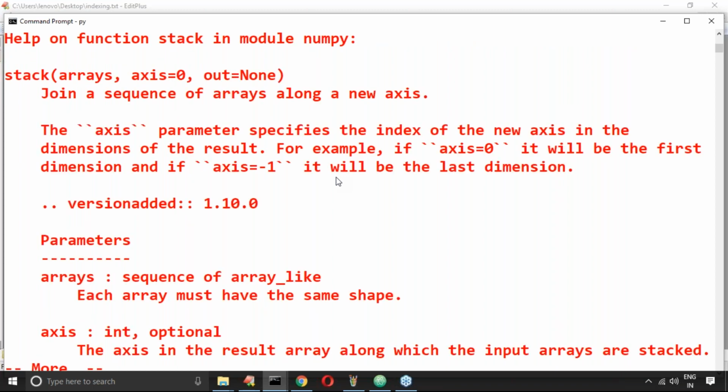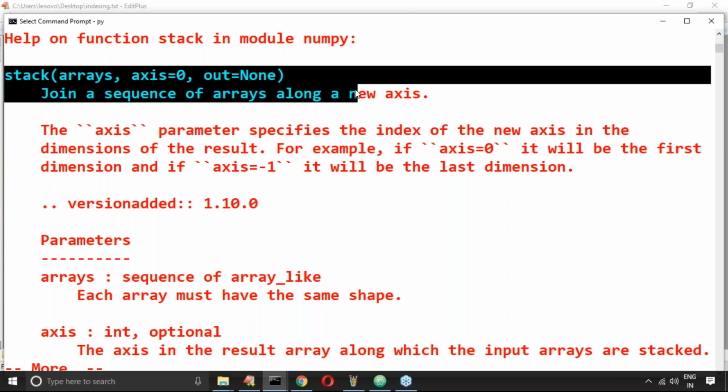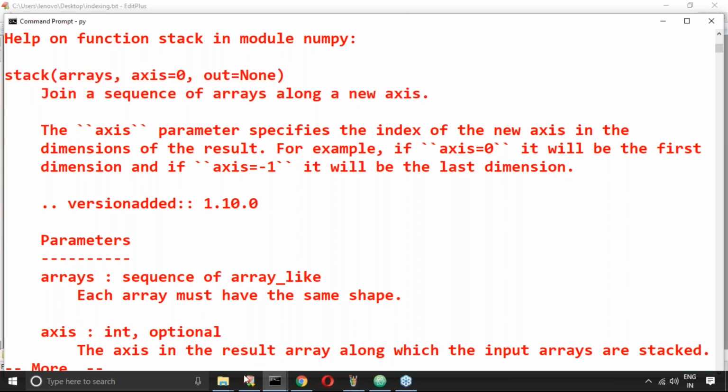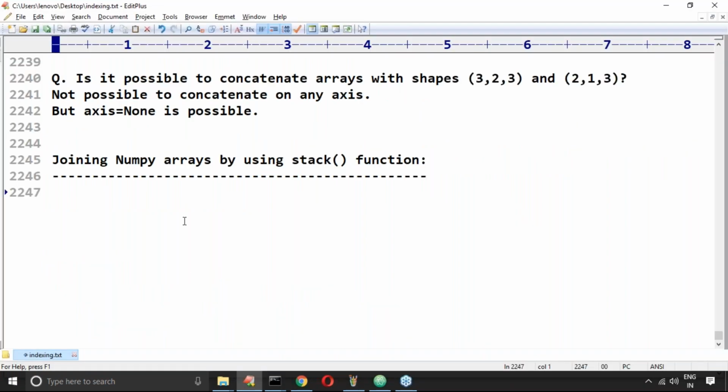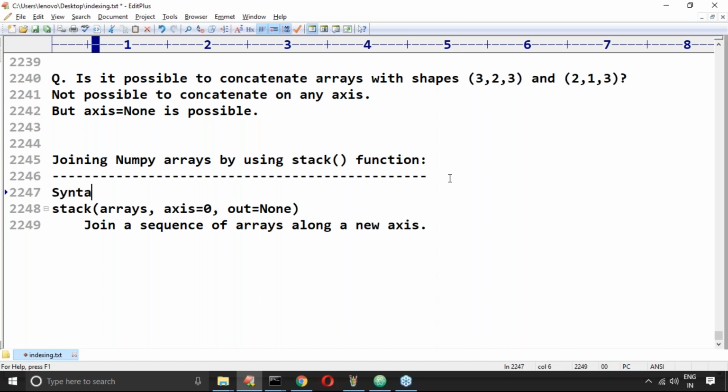A bit dangerous, sir, please take very special care. Stack joins a sequence of arrays along a new axis. Have you observed? Join a sequence of arrays along a new axis.